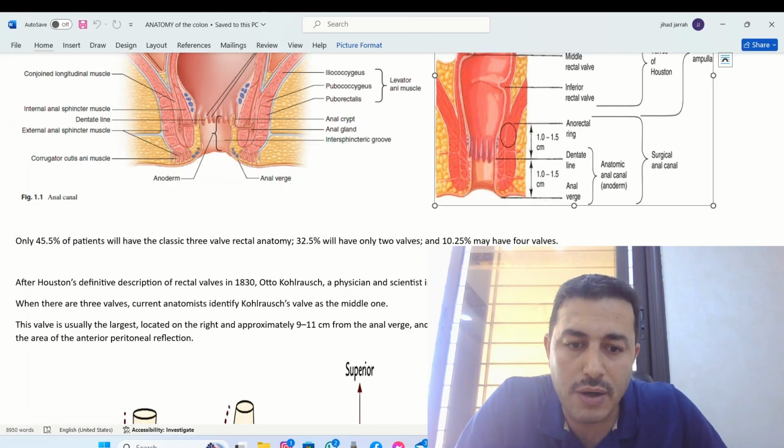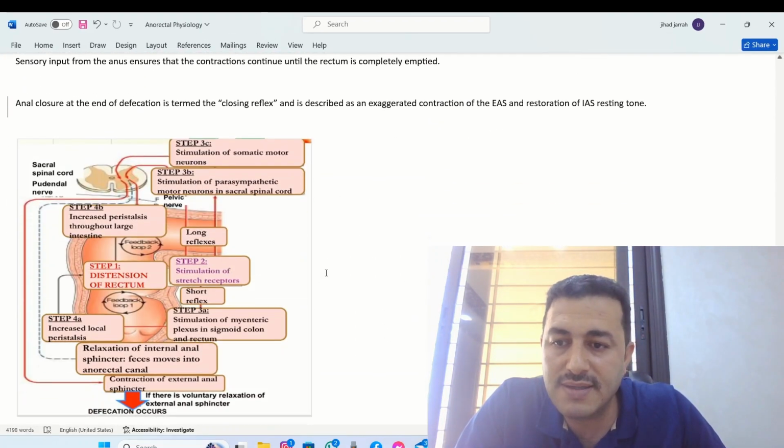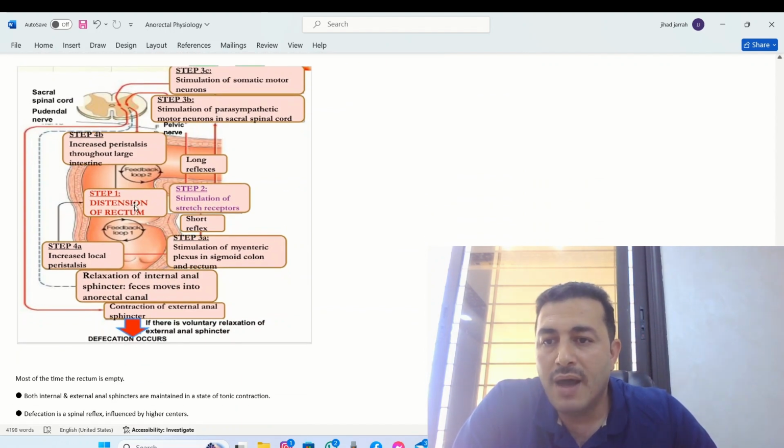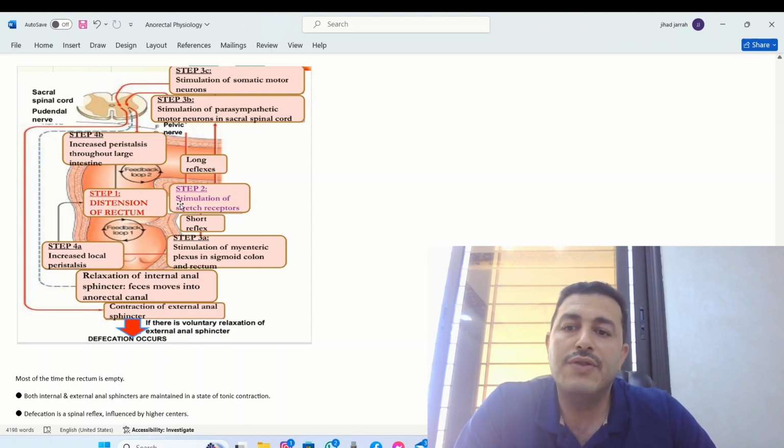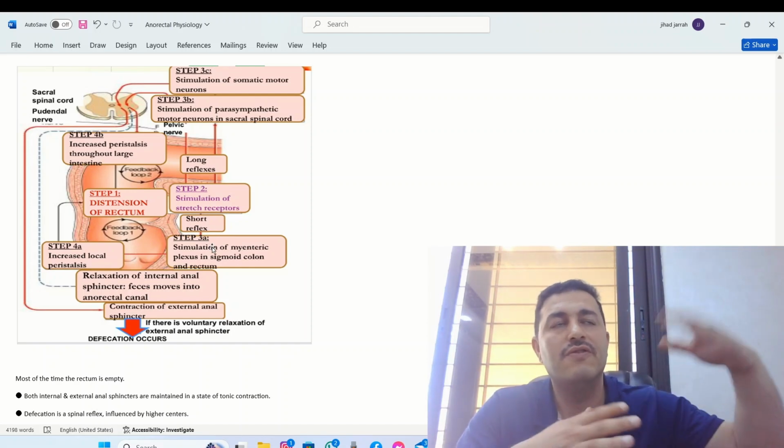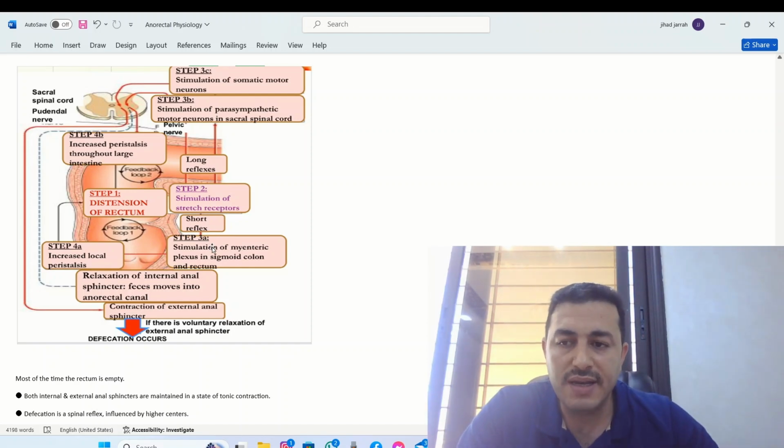Here we have a nice picture discussing the defecation process. It starts with distension of the rectum, then stimulation of the stretch receptors. This stimulation will affect short reflexes and long reflexes. Short reflexes are, for example, the rectoanal inhibitory reflex.